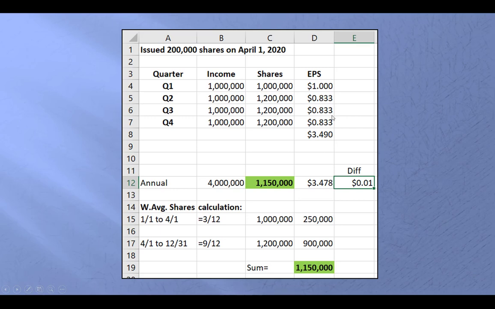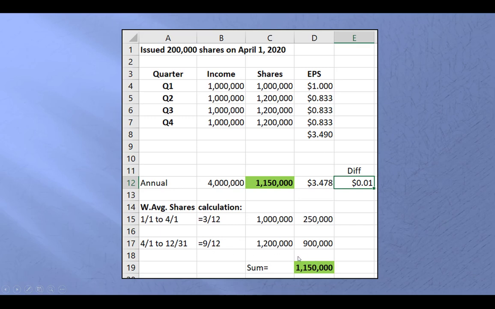Each of these would be rounded down, and the quarterly numbers would add up to $3.49. Annual number. It's still $4 million in income, but let me calculate the weighted average. It is 1 million shares outstanding for a quarter of the year, 1.2 million shares outstanding for 9/12 of the year.